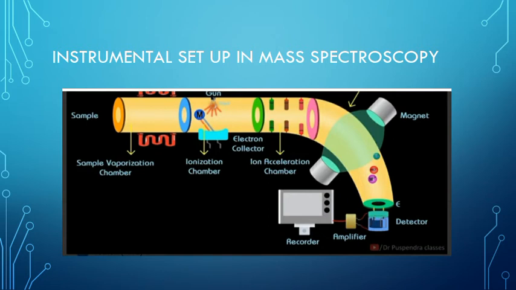Here the sample is available, and here we have the ionization chamber, the ion accelerating chamber, and finally the ions will come to the detector and it can record.